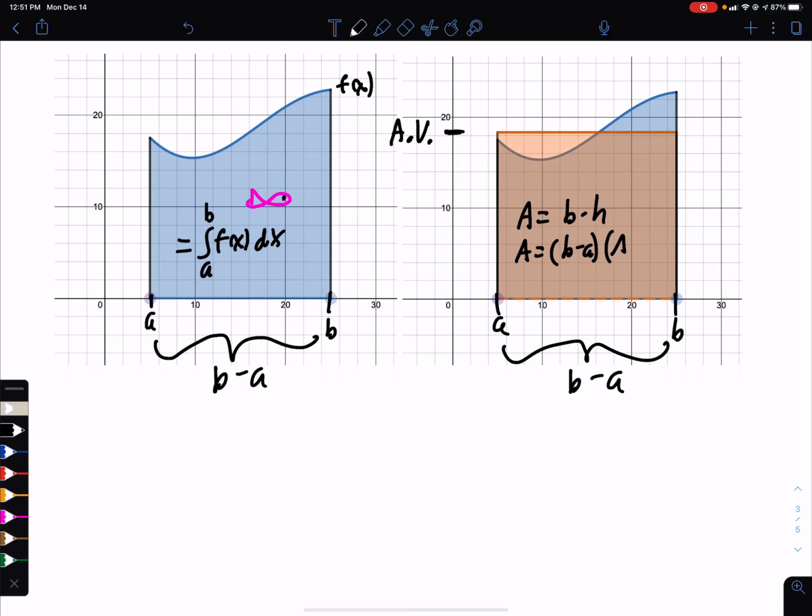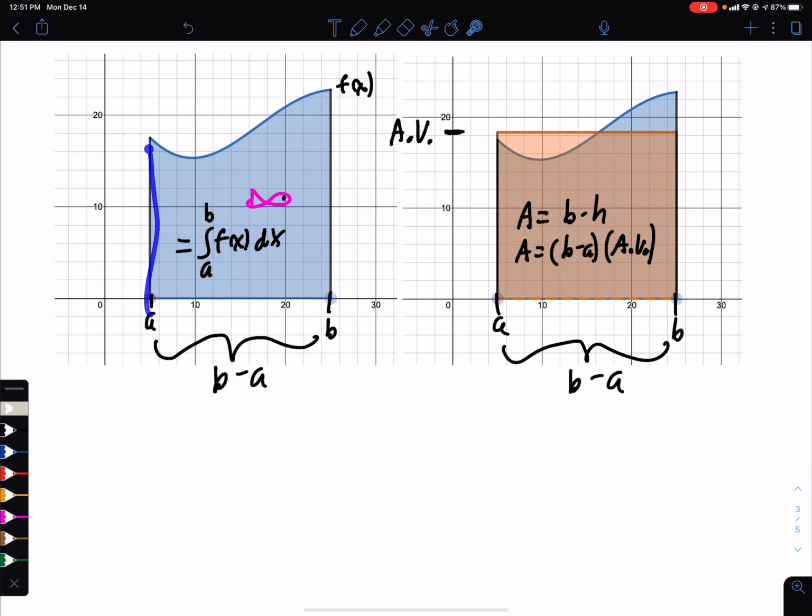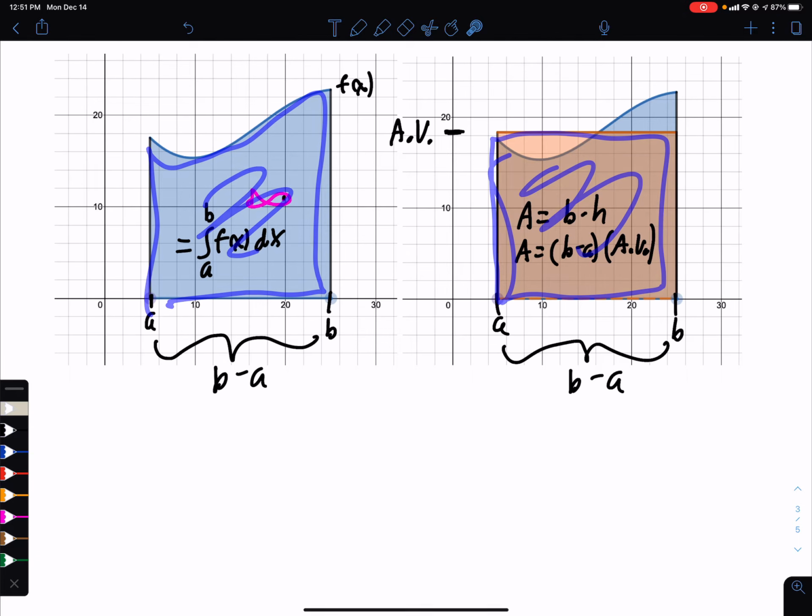The height is the average value, because that's what we called the height here. So here's the area of the orange. Here's the area of my blue. They got to be the same because it's the same water. This is the water in the tank in space. When I land, it flattens out, but this area has to be the same as that area.